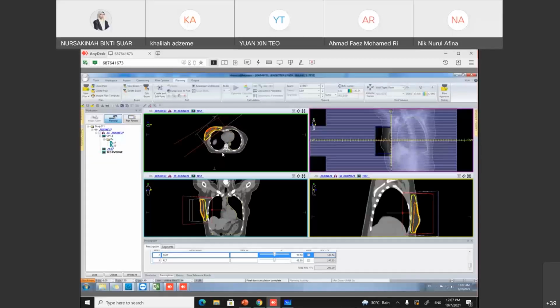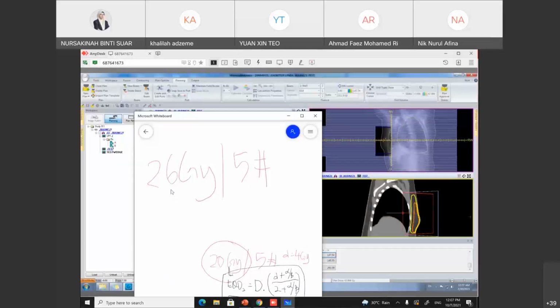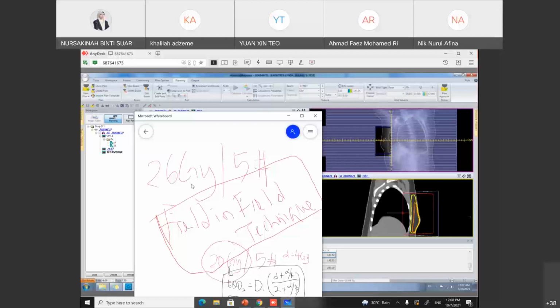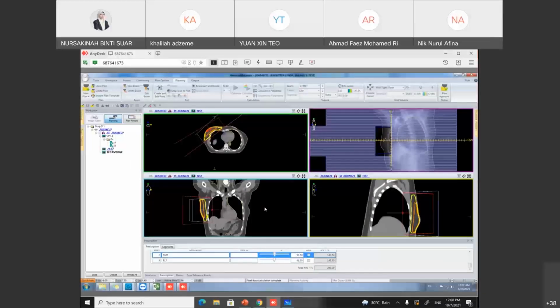This one we call field in field. Some centers may not know how to apply it yet, but I wish to teach you all first, because I find it quite useful and it saves quite a lot of time in terms of patient treatment delivery. So, how do we do this field in field technique?